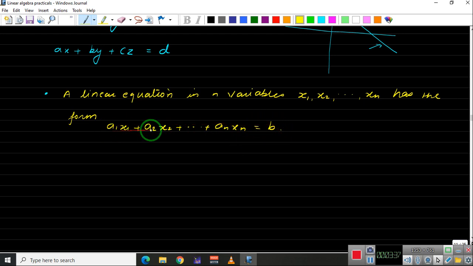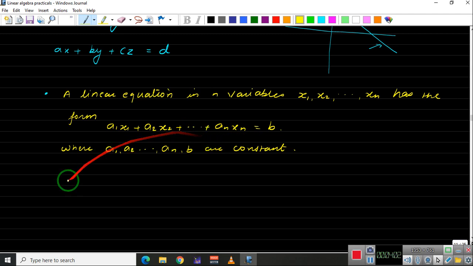Now these coefficients a1, a2 up to an and also b are all constants, real constants. This is the linear equation.